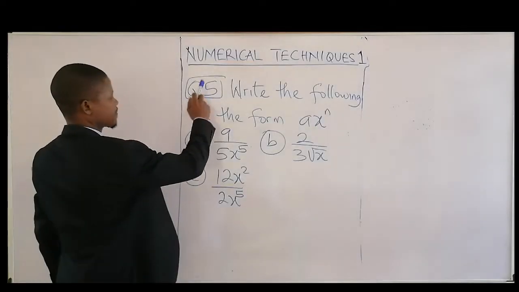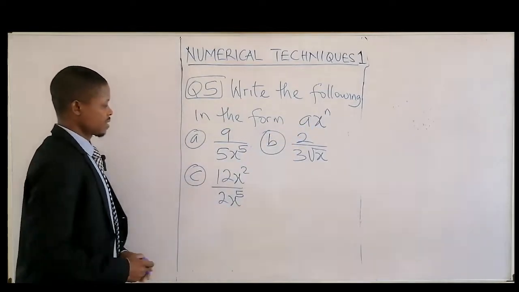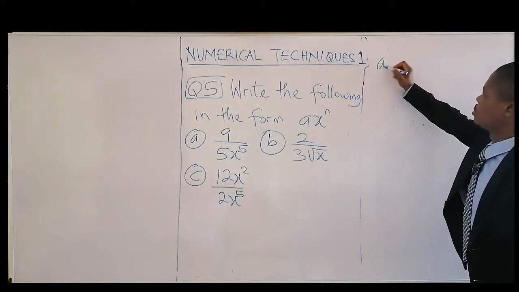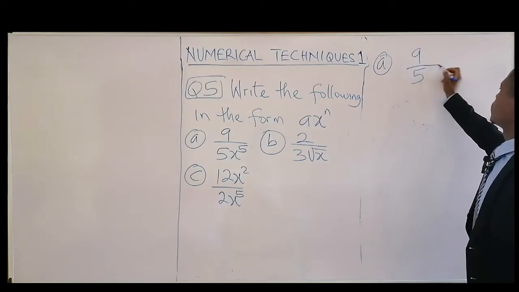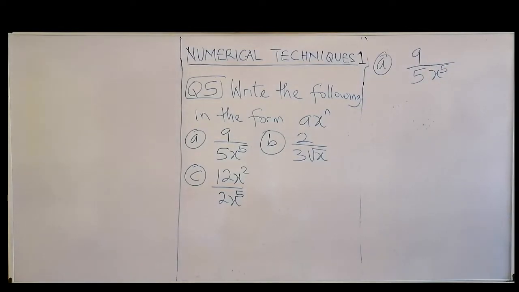Question 5. Write the following in this form. Let's go straight. The first one, we have 9/5 x to the power of 5.